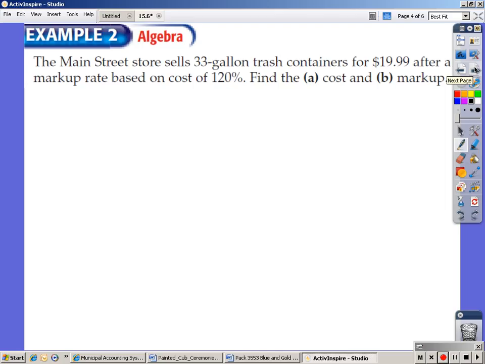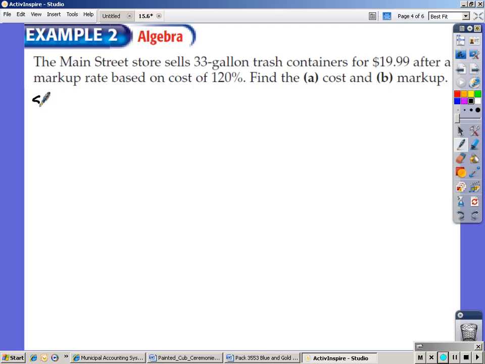Okay, this says the Main Street store sells 33-gallon trash containers for $19.99 after a markup rate based on cost of 120%. Find A, the cost, and B, the markup. Before we start this, let's look at what we know. Let's write it down.